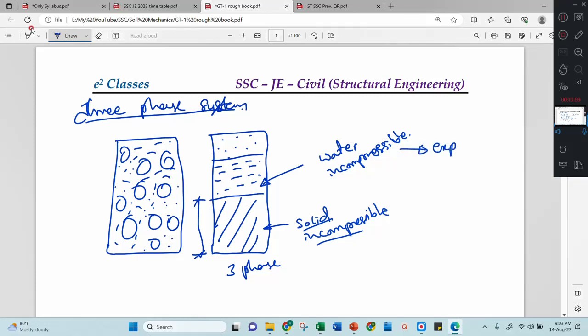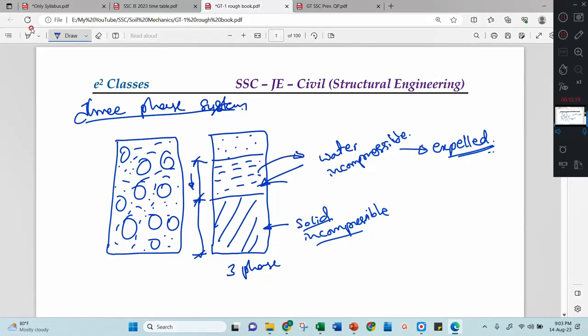Water can be expelled. Expulsion is different, compression is different. This volume I can reduce. Look at here, very interesting. This volume I can reduce not by compressing the water, but by expelling the water.